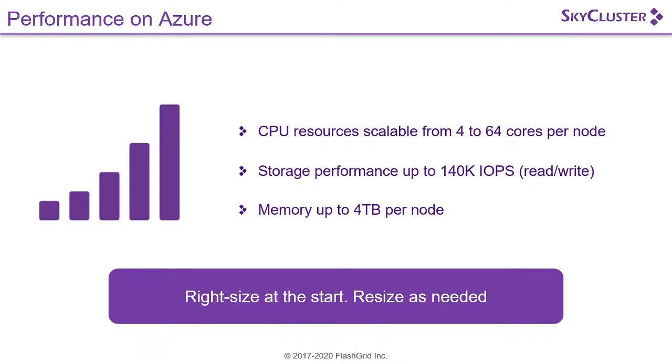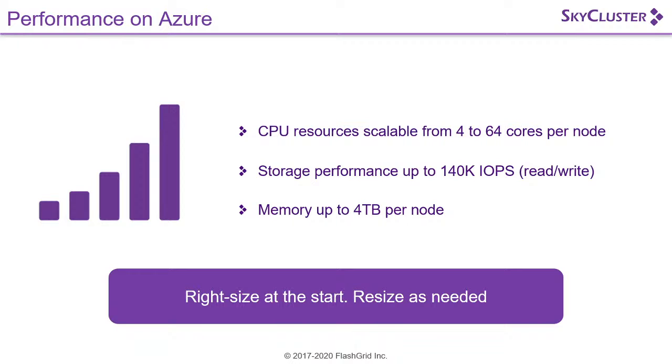And we also have measured performance up to 140,000 IOs per second on a 3-node cluster with a read-write workload. Of course, the performance of the storage will depend on the number and the size of the disks that you select, but this gives you some reference point. So this is what you could achieve if you need that level of performance.